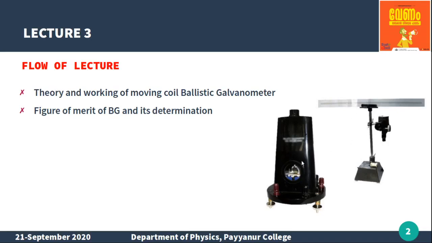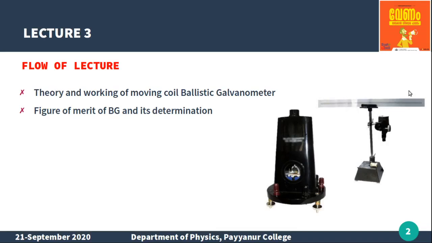When it is deflected, the light will move to the left when it goes left, and to the right when it goes right. So deflection means it gives a sudden oscillation. It will oscillate like this: first it will go to a higher value, then lower, lower. Finally it will die out.